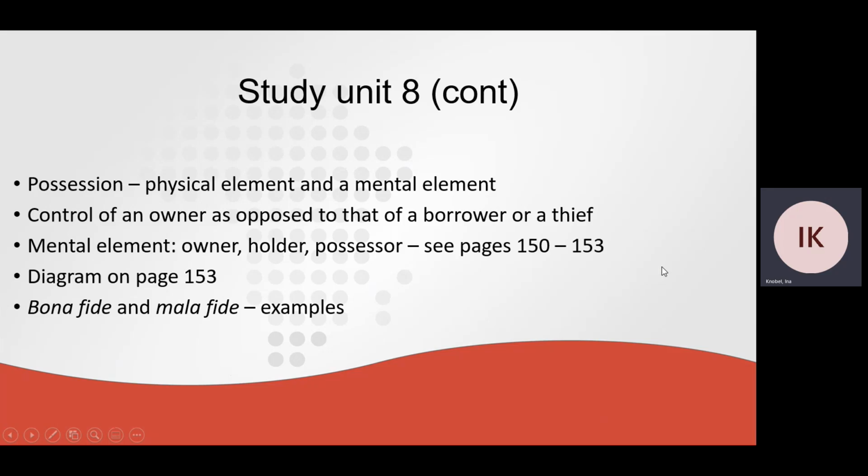So already I said that possession always has some kind of physical element, but then also a mental element. For example, a holder must be in physical control, but as I said, the holder has the mental element of deriving a benefit.